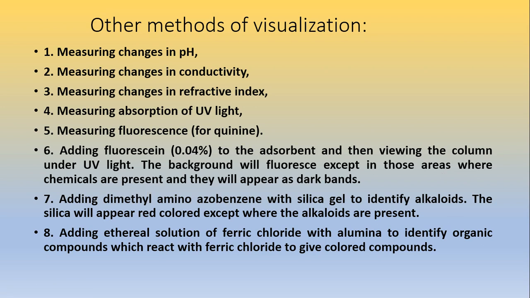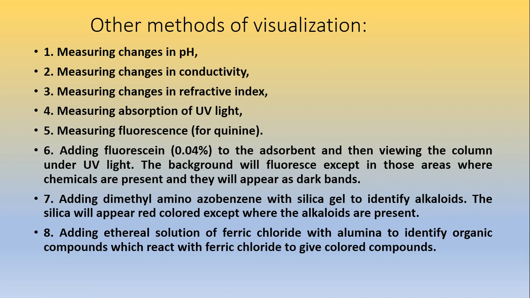Means in the column where all the components are generally colorless, when we put this column inside the UV light, then we can clearly observe that this fluorescein shows a specific area in the column which will show fluorescence, except that portion of the column which contains chemicals or our sample components.